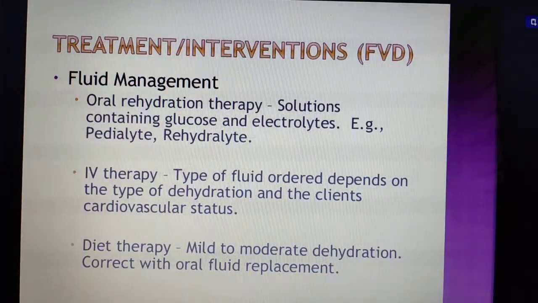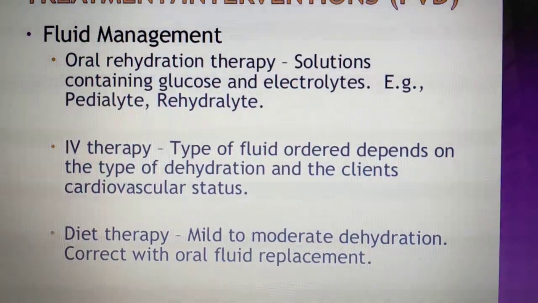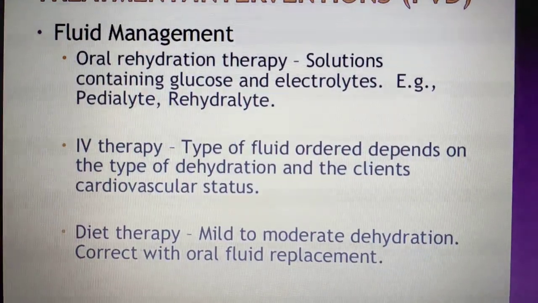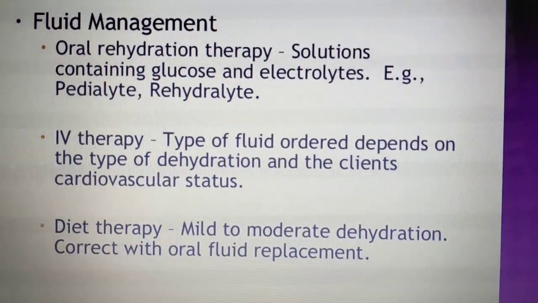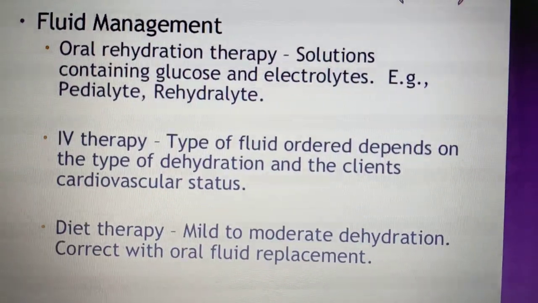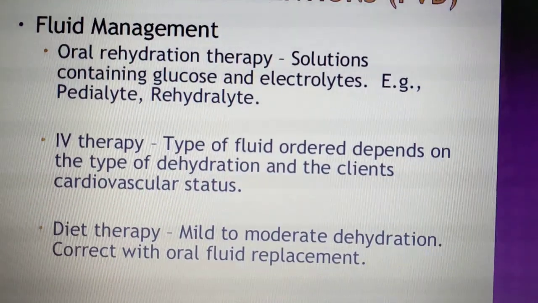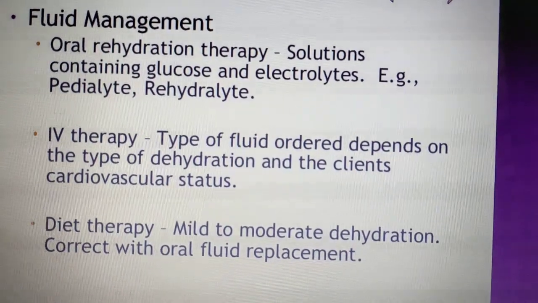What is the treatment or intervention for them? It is fluid management, meaning oral rehydration therapy, ORT. So what solutions are we using there? Glucose and electrolytes, we have to give. Then IV therapy also.